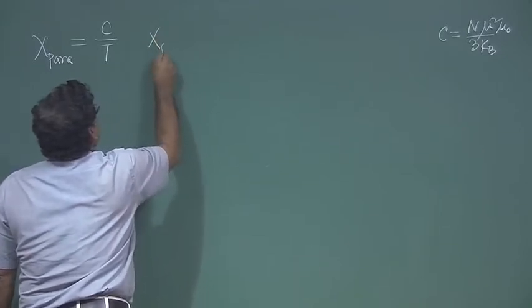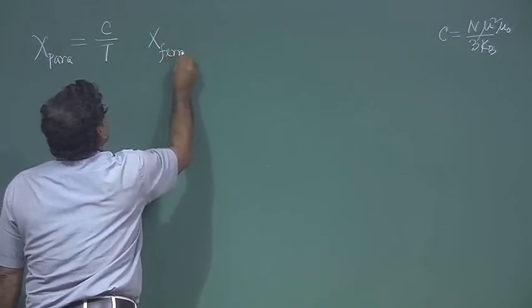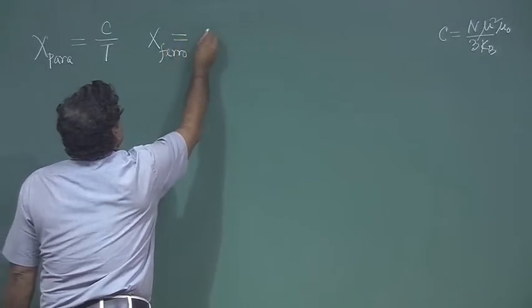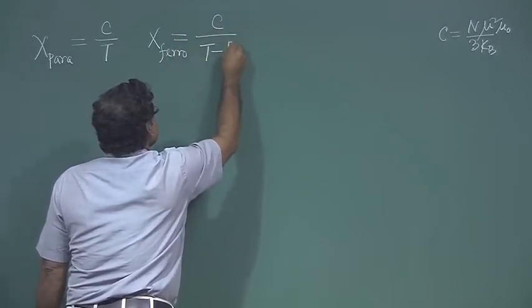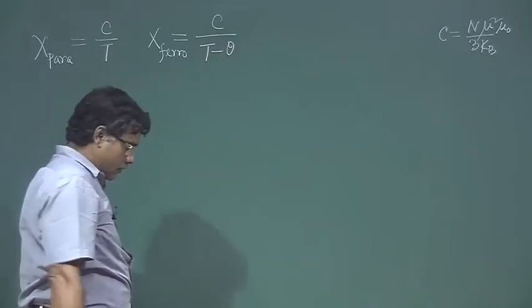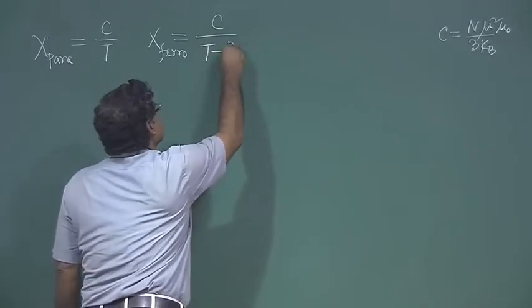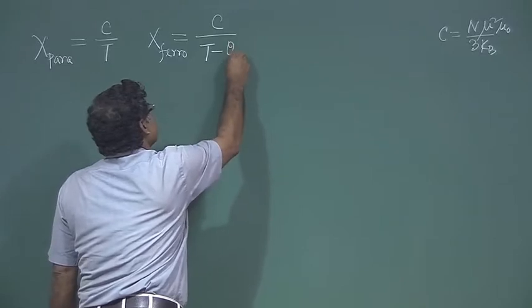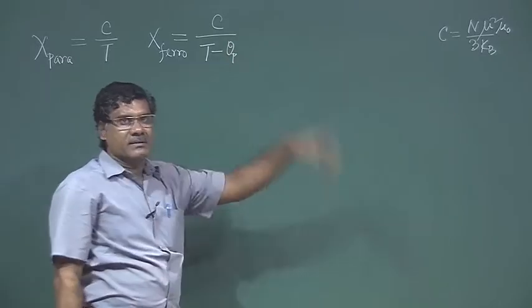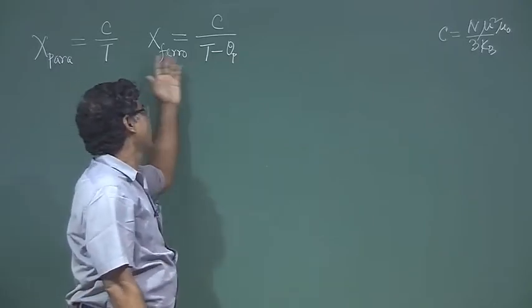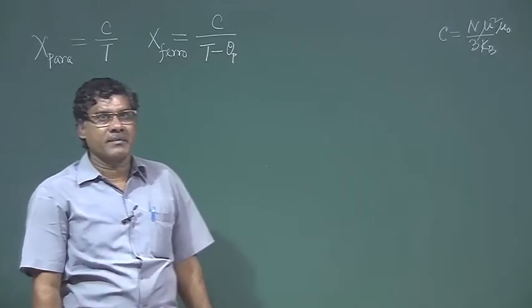For chi for ferromagnetic, that is C by T minus theta. So, theta is sometimes written as theta p, meaning that at this temperature this ferromagnetic material becomes a paramagnetic material.